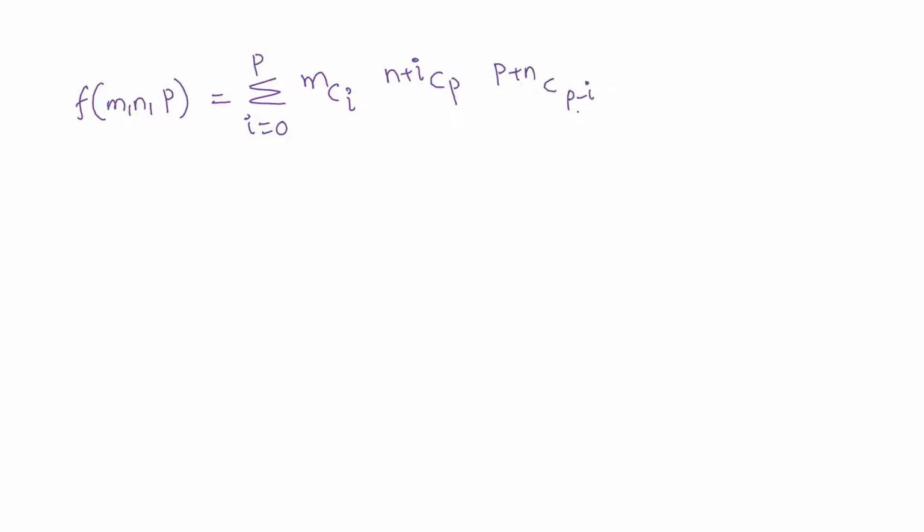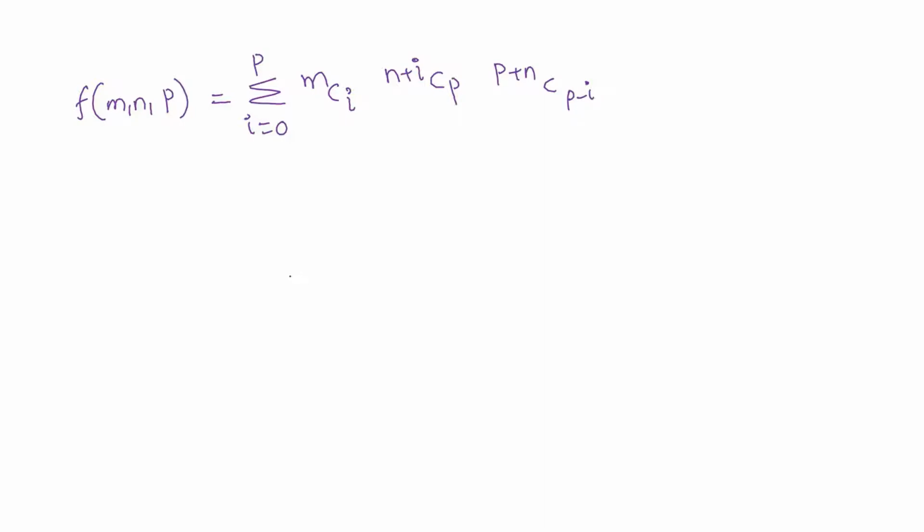Okay, so let's start with the given first term, f of m comma n comma p, which is equal to summation i from 0 to p of mCi, and this one is going to be n plus i C p, and p plus n C p minus i. This is the definition that they have given, right?